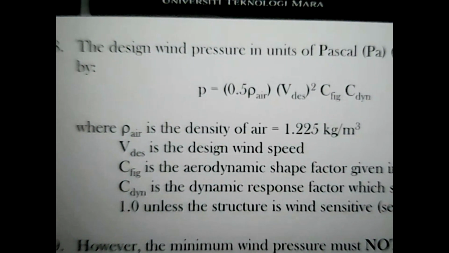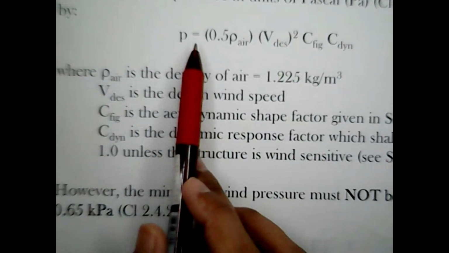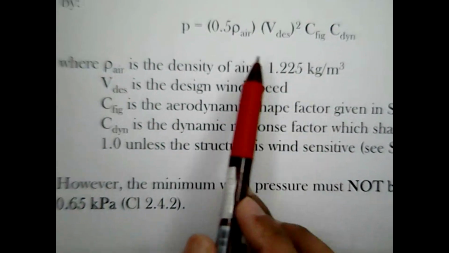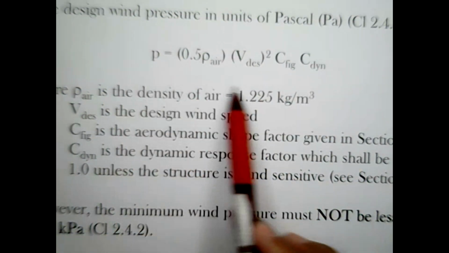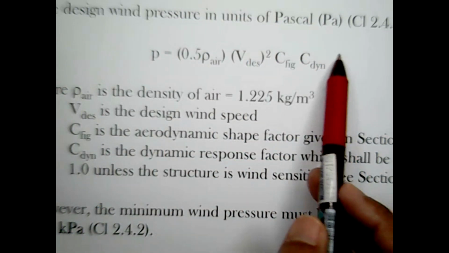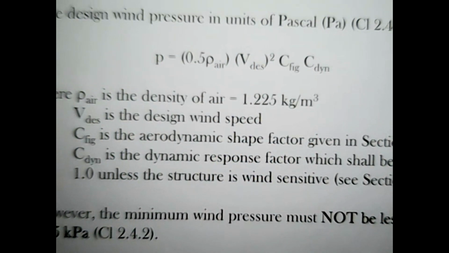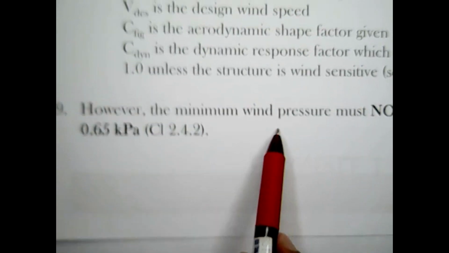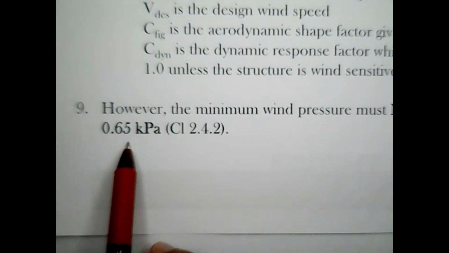The design wind pressure is measured in Pascals. You get this? This is the ultimate objective when you want to calculate the pressure acting on buildings. It is also highlighted that the minimum wind pressure you calculate must not be less than 0.65 kilopascal.